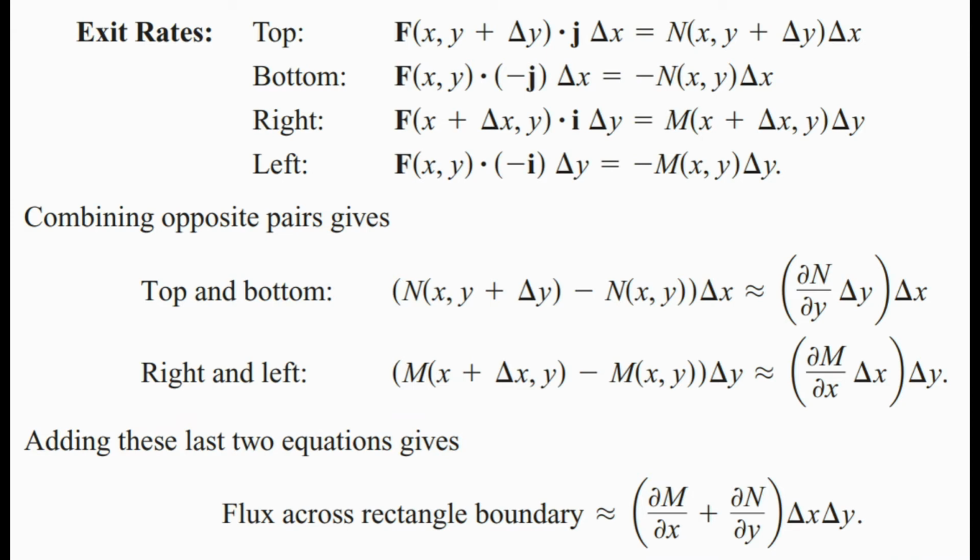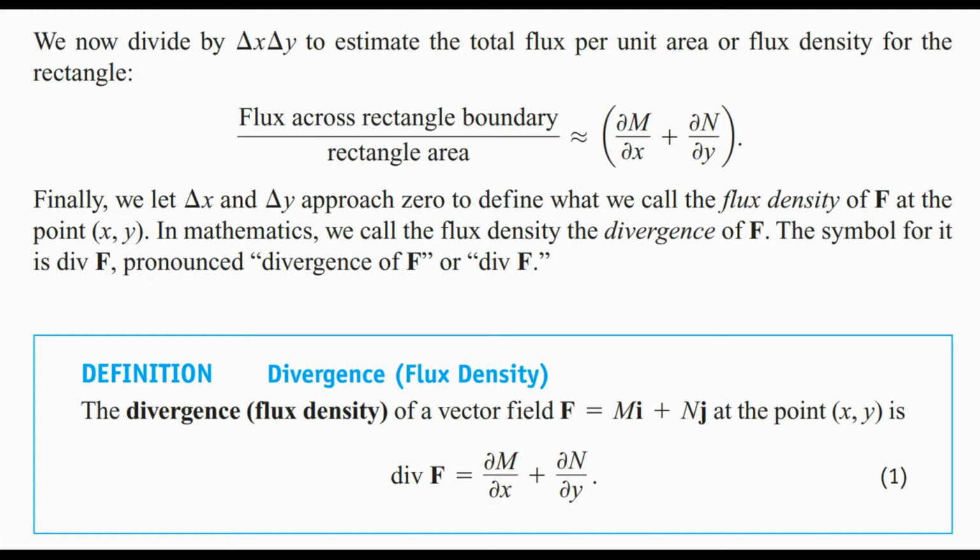We now divide by delta x delta y, which is the area of the rectangle, to estimate the total flux per unit area, or flux density, for the rectangle. So we obtain the flux across the rectangle boundary divided by the rectangle area is approximately equal to the partial derivative of M with respect to x plus the partial derivative of N with respect to y.